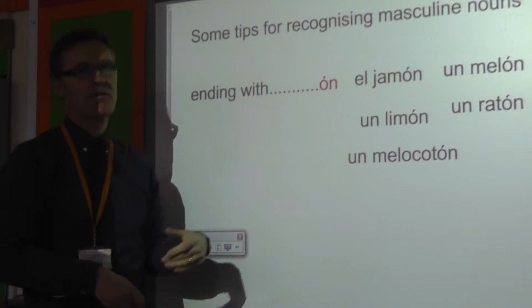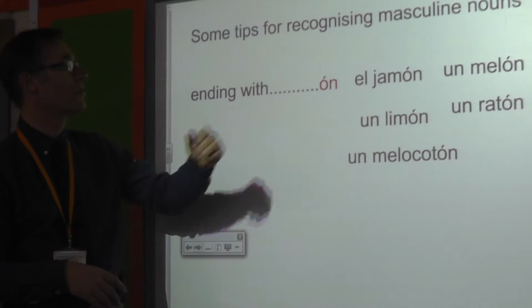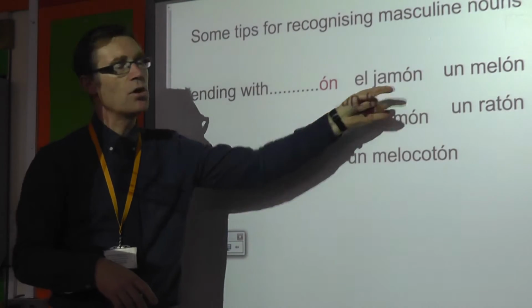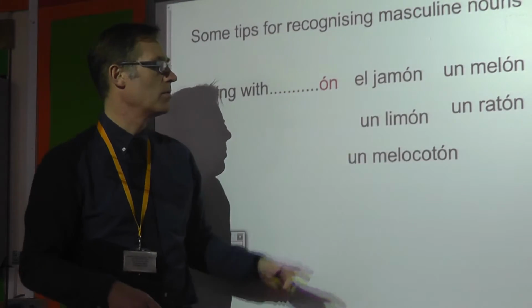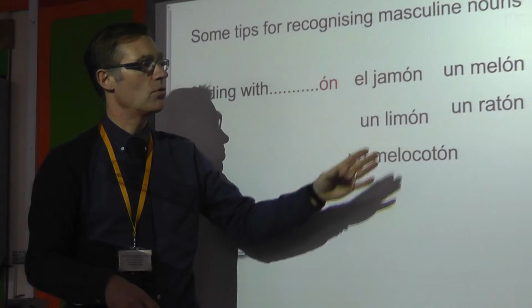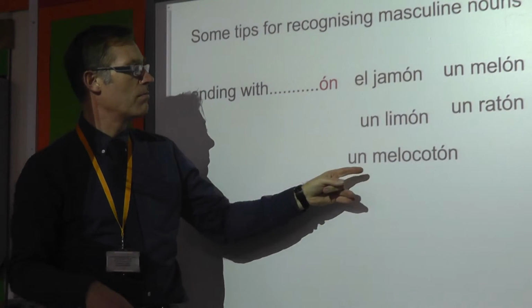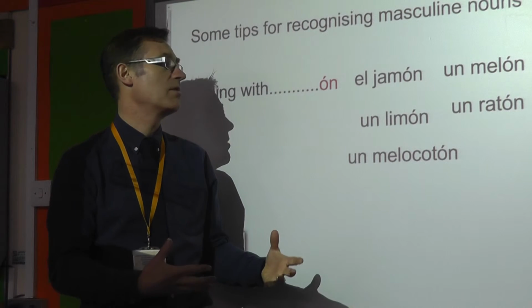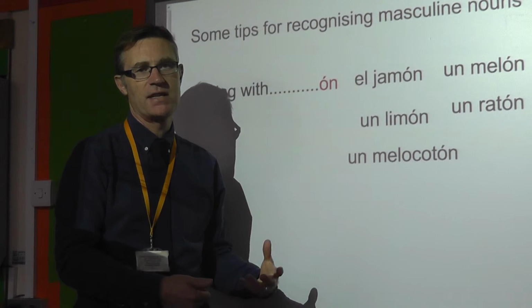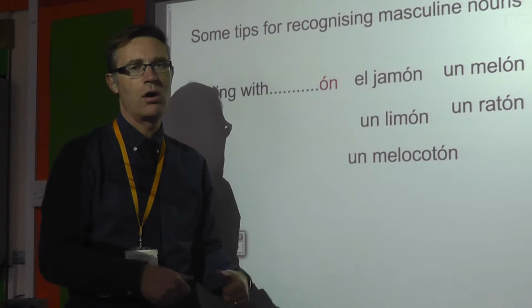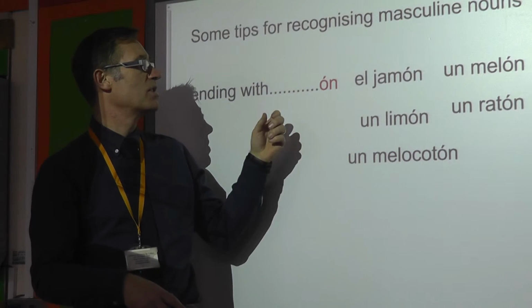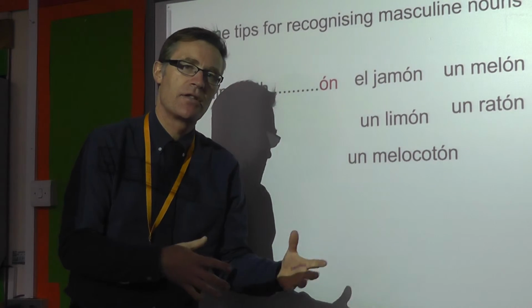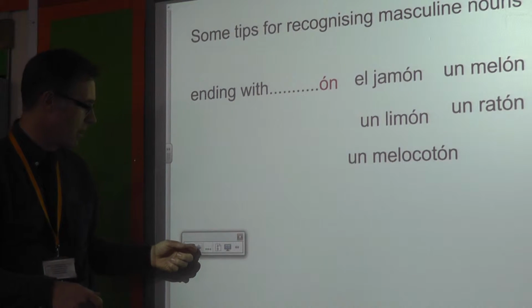We've also got this category, -ón. So, el jamón, un melón, un limón, un ratón, un melocotón. These are all masculine words. So we've got three basic ideas: words ending with o, words ending with e, and words ending with -ón. There are others, but these are some common ones that we might come across.